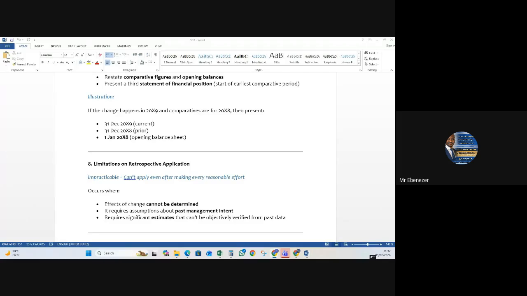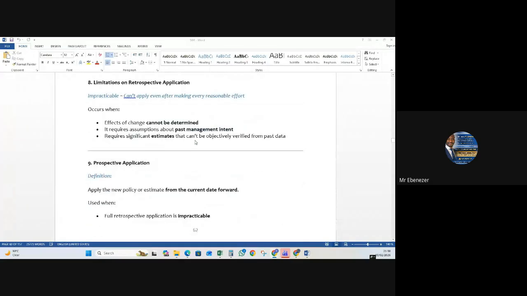Then also, if it requires a significant estimate that cannot be objectively verified, you can't objectively verify it. And that's it. Now, where retrospective application is not possible, apply it prospectively.